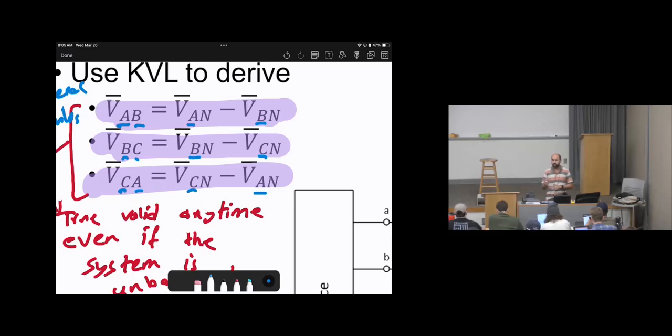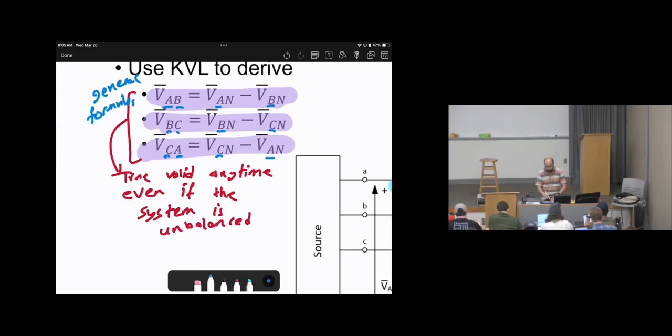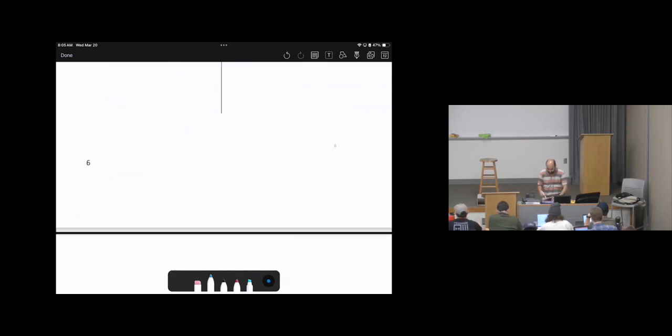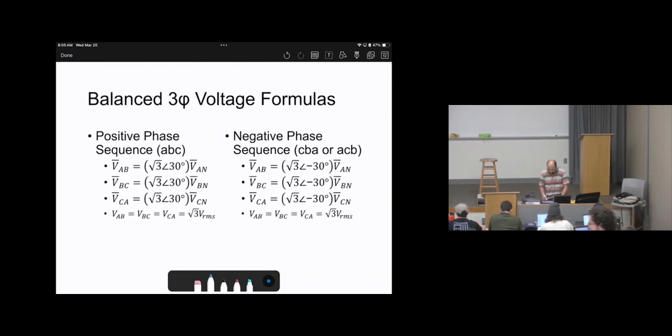We can use some special cases. If the system is balanced, then we can get some special formulas. And as we know, the sequence can be either positive sequence or negative sequence, as we discussed last lecture, or in other words, ABC or ACB.